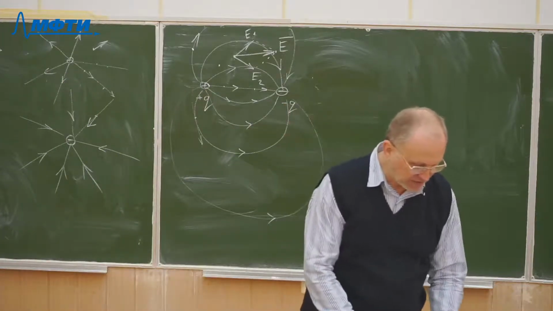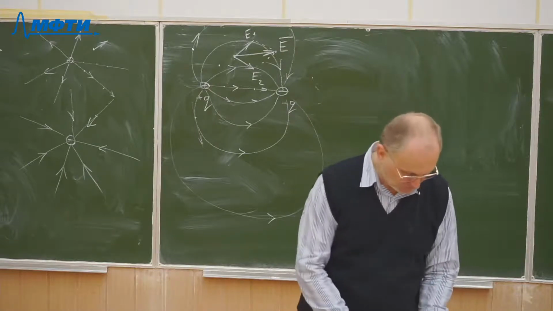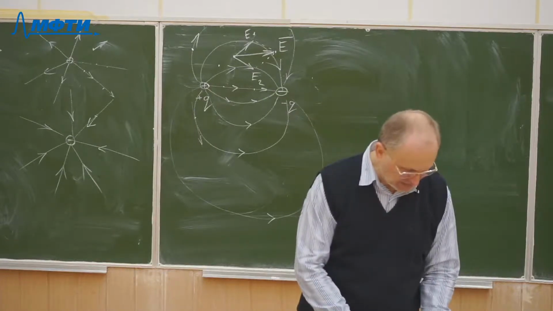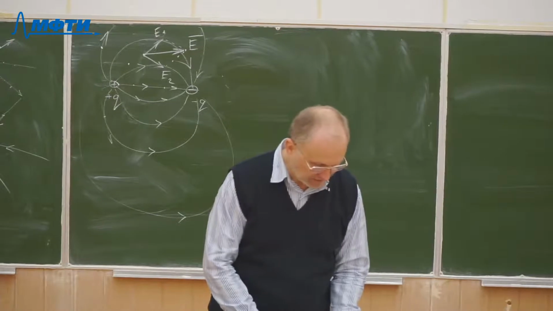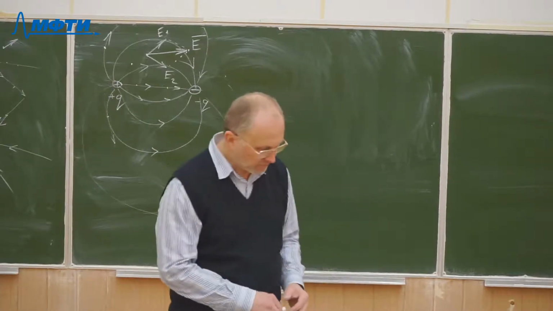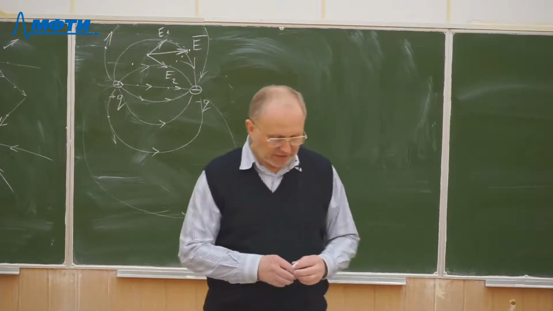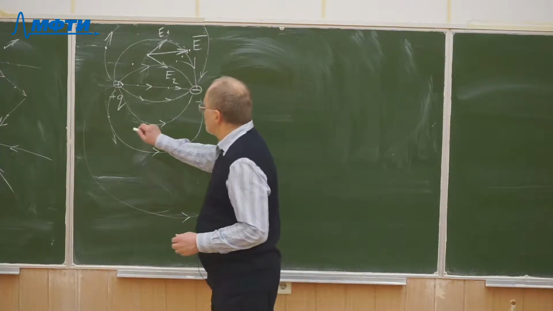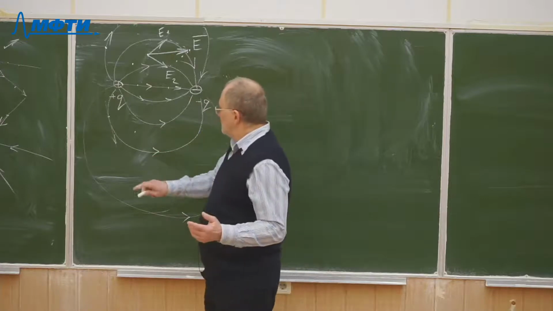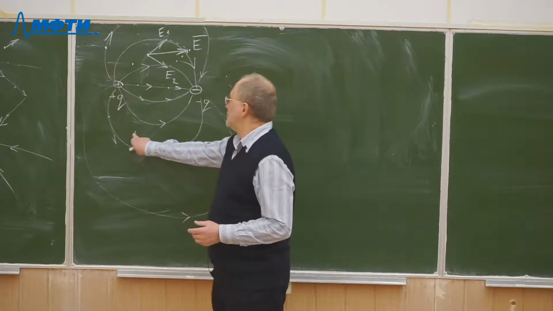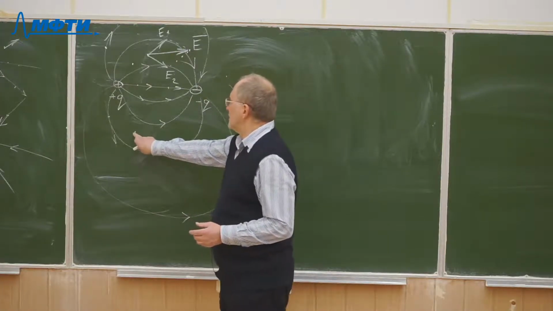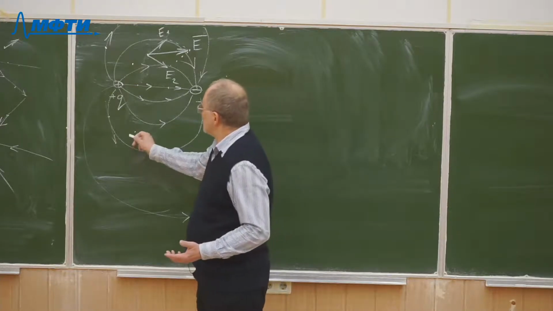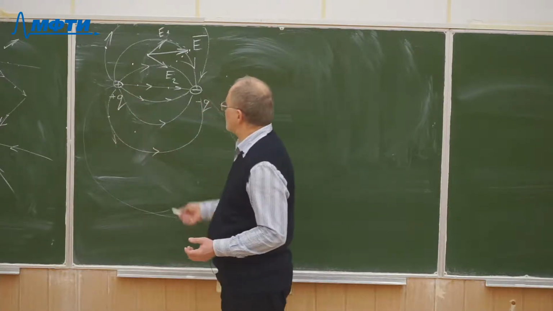So if we talk about the electric field lines, we have to underline some properties of electric field lines. An electric field line can always be drawn through any point in space, whatever point you choose. And if you put your probe charge here, a small point charge, then there will be some force acting on it, a force resulting from superposition of fields.